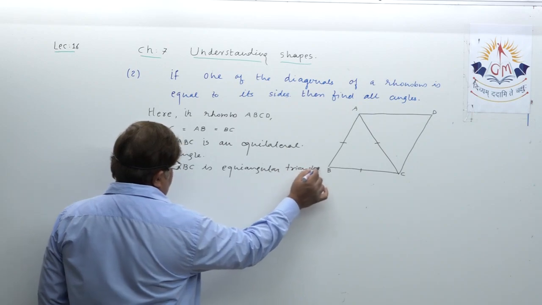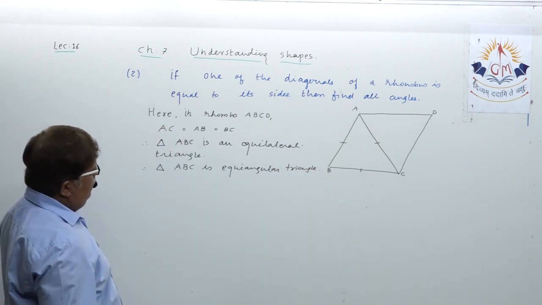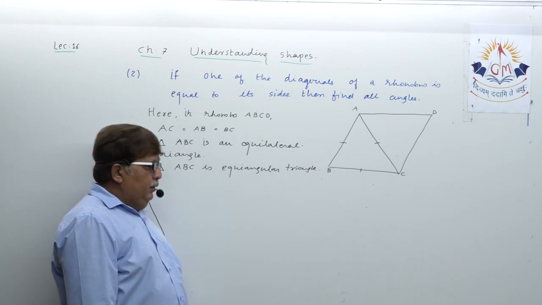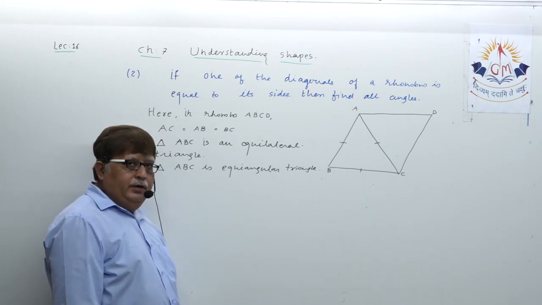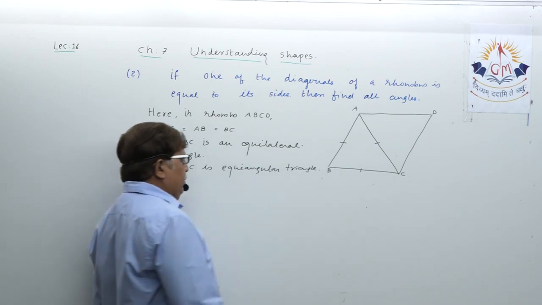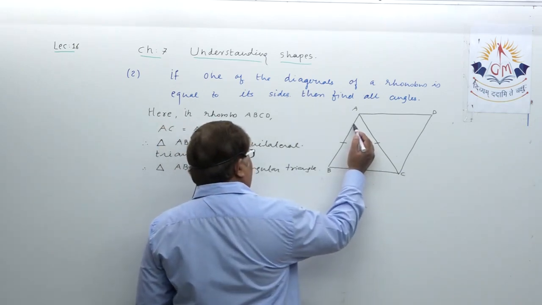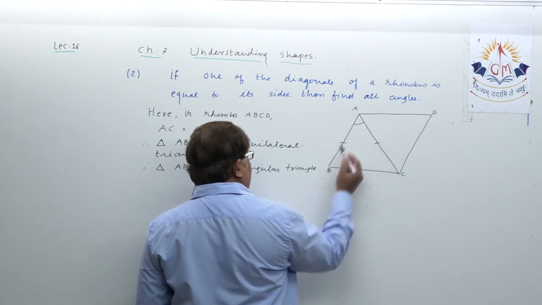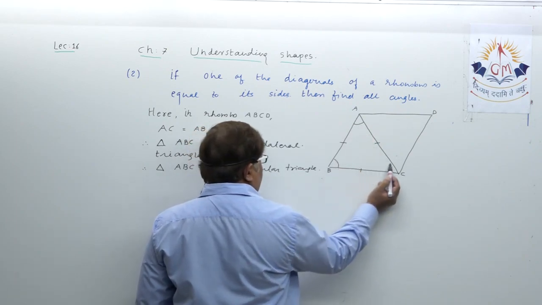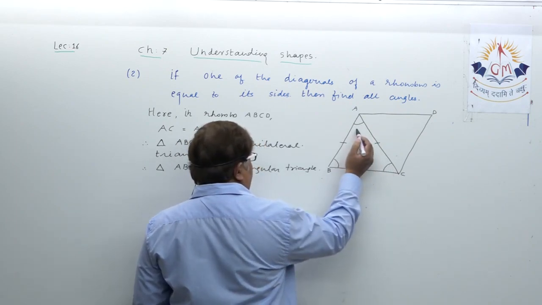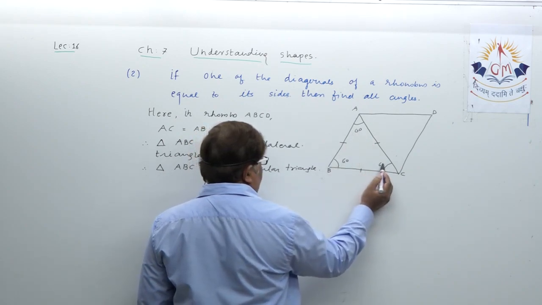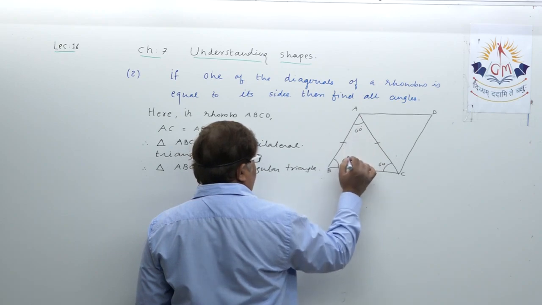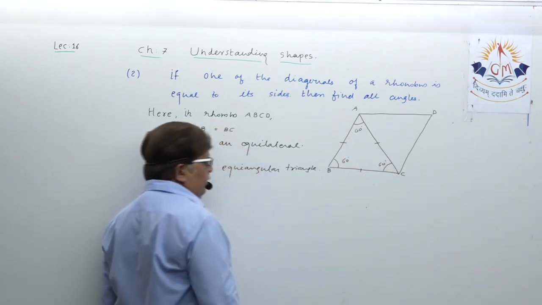When you say that triangle ABC is equiangular, that means all angles are equal, and that means all angles are 60 degrees. You understood this? All angles will be 60 degrees.